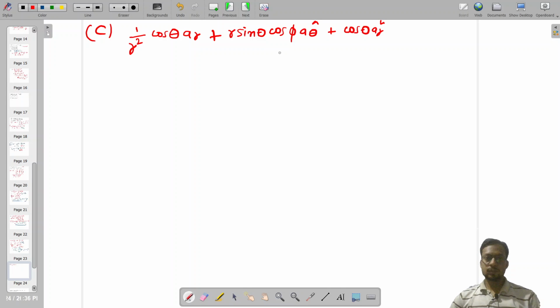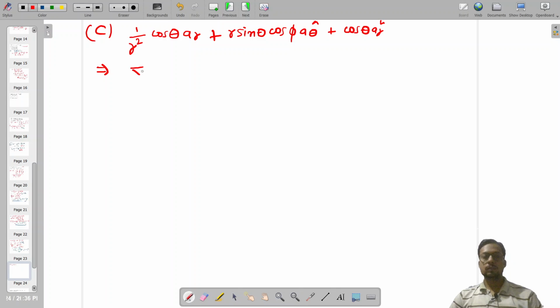He must ensure that you have rightly written the notation of theta and phi. If you make even a little mistake, this will definitely give you the wrong answer.